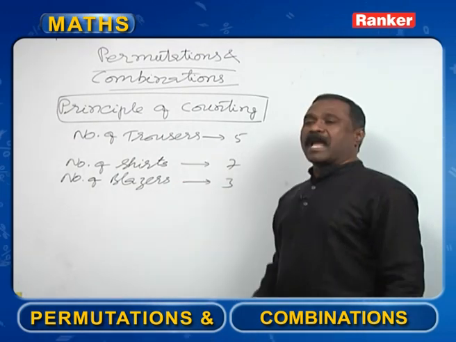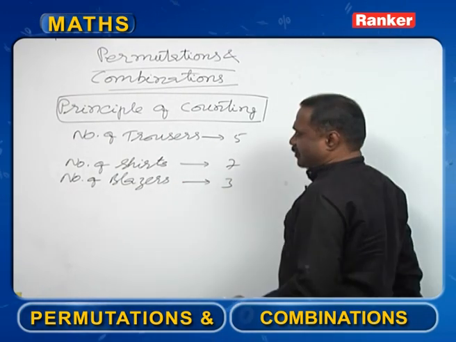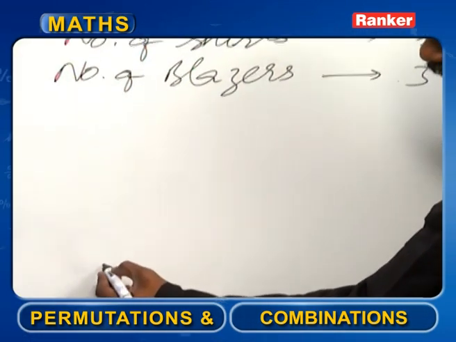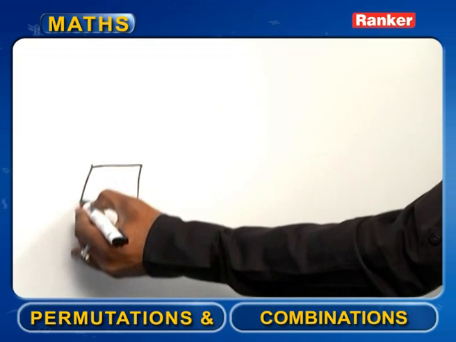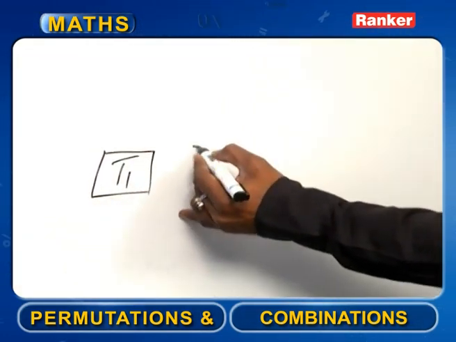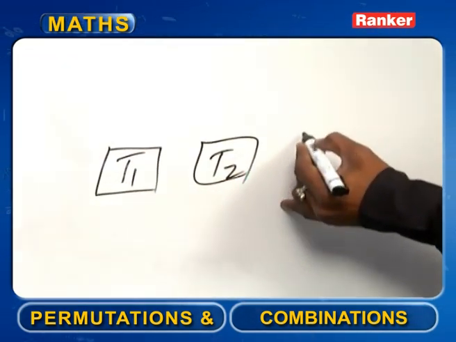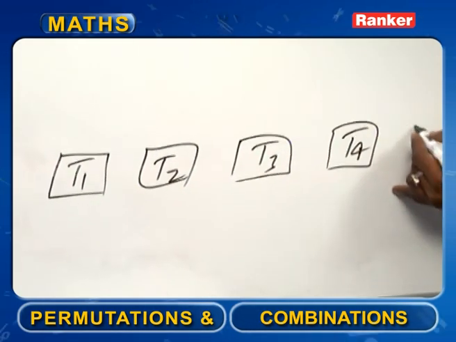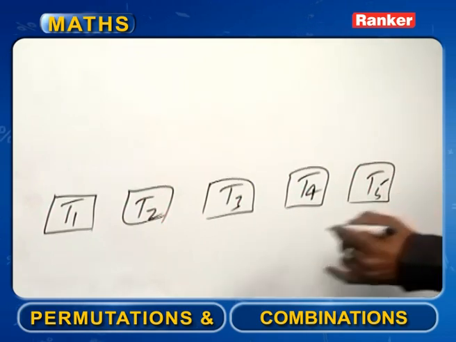So in how many ways can it be done? Let me say trouser for better understanding: T1, T2, T3, T4, T5.